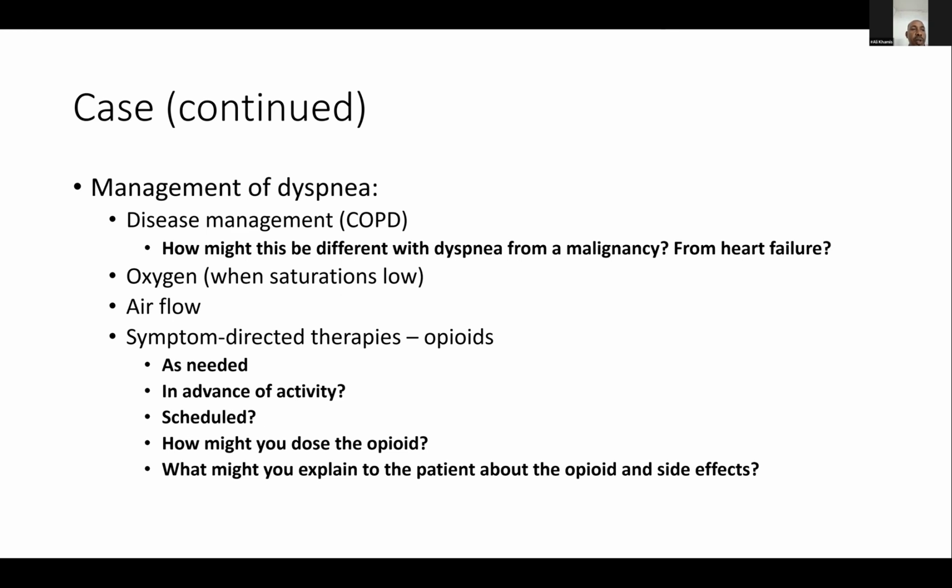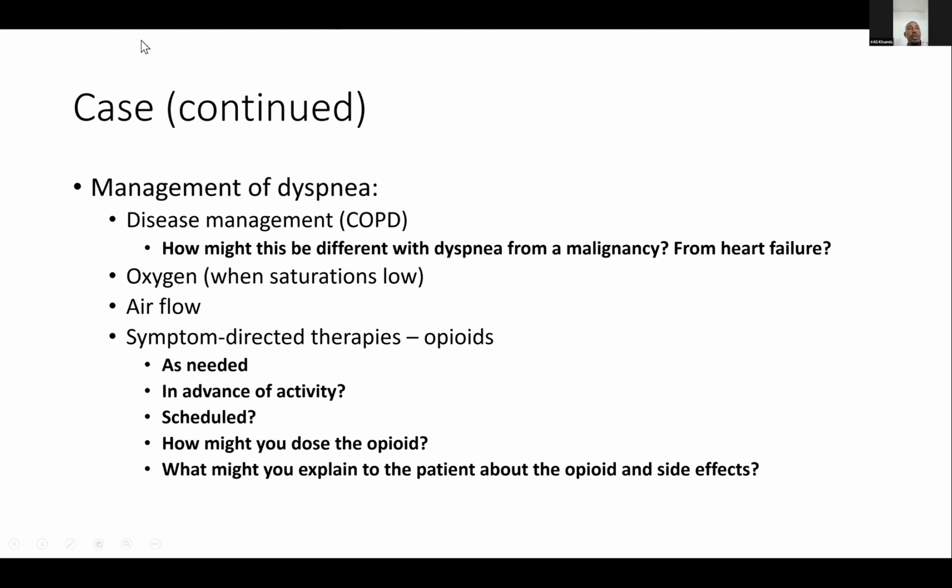How might you dose the opioid? What might you explain to the patients about the opioid and side effects? So you'll ask those questions.